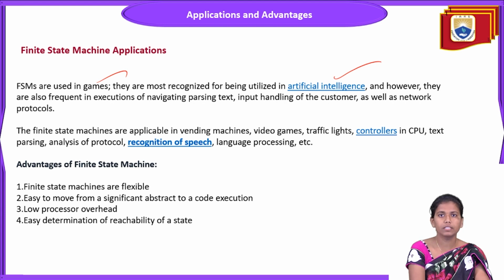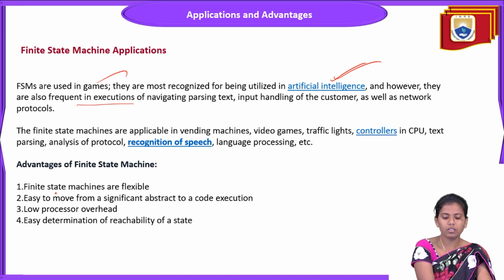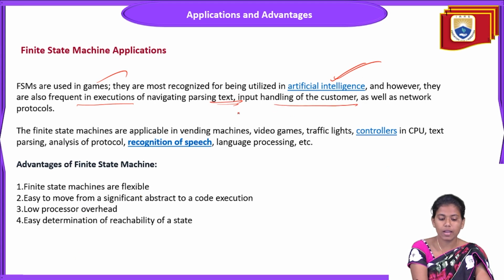Likewise, finite state machines are given priority in artificial intelligence. They are also frequent in executions of navigating, parsing text, input handling of the customer, and network protocols. So in network protocols and input handling, FSMs are basically needed.